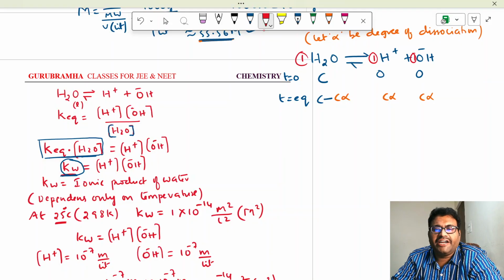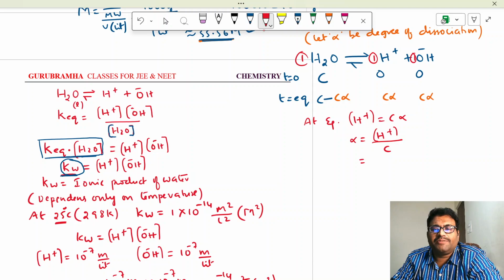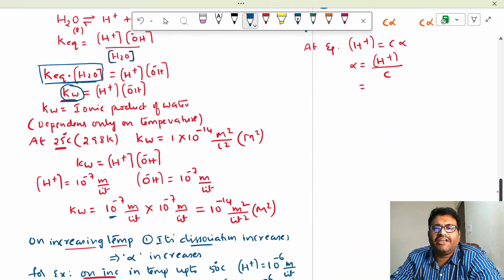Now see, at equilibrium, H plus ion concentration is equal to C alpha, and alpha is equal to H plus ion concentration divided by C. We know that H plus ion concentration at 25 degrees centigrade is 10 power minus 7 moles per liter.